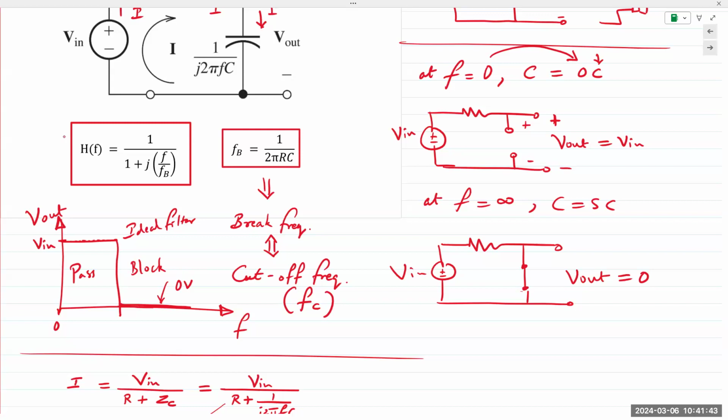Okay. So it's break frequency or cutoff frequency.